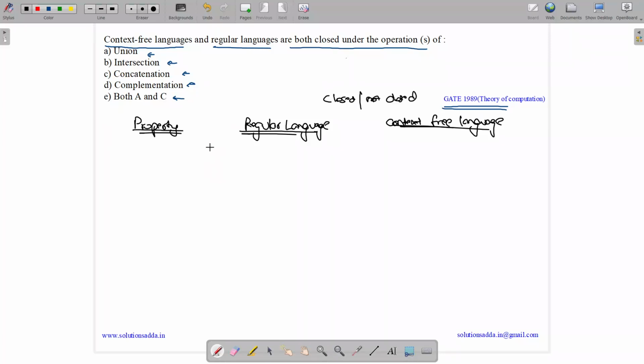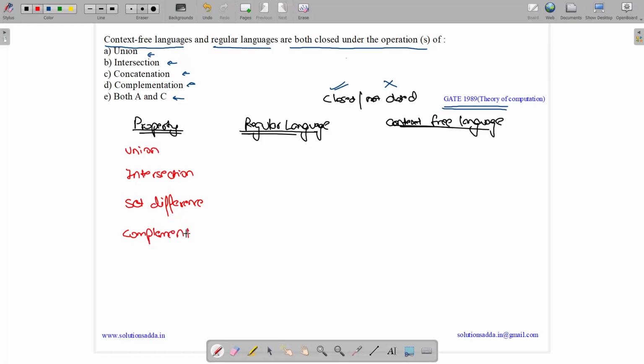Closed will be represented by a tick, and not closed will be represented by a cross. Not closed means it may be closed, it may not be closed. So the operations are union, intersection, set difference. It's good to remember this table so that you can answer all the questions very fast.